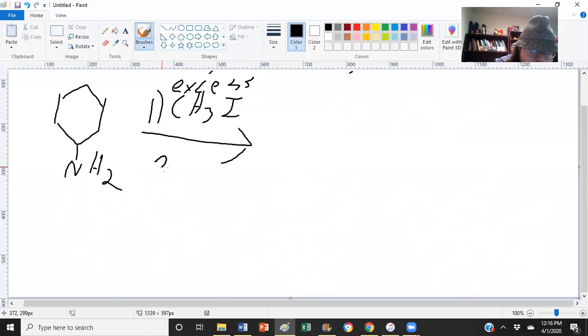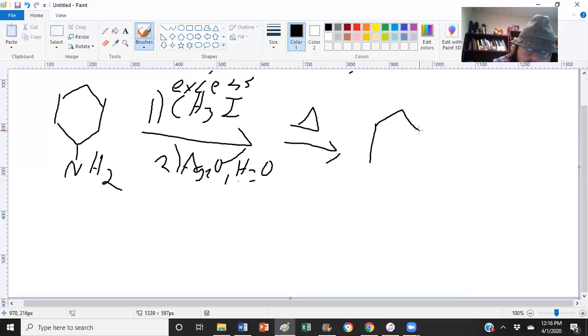Step 2, silver oxide and water. And then step 3, I use heat. And what we're going to form, they're identical, so we don't have to worry about it. So this one, we just form an amine.